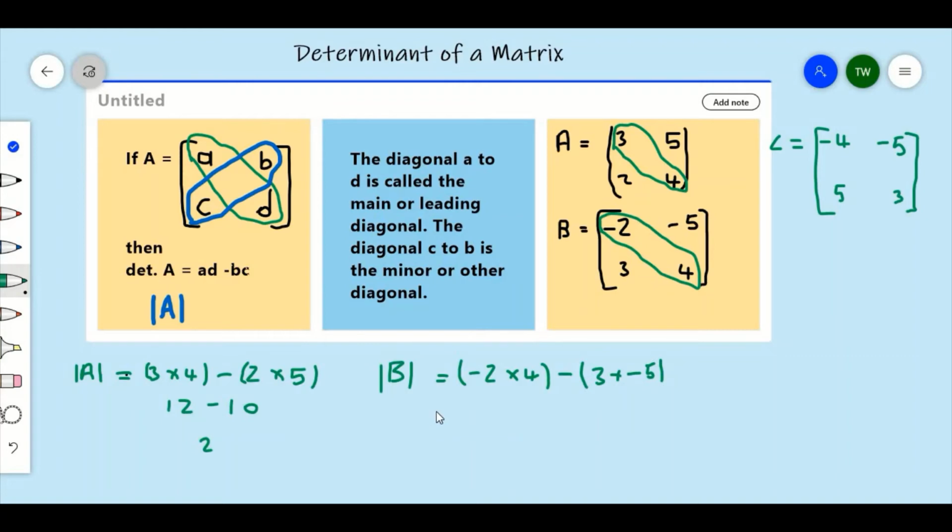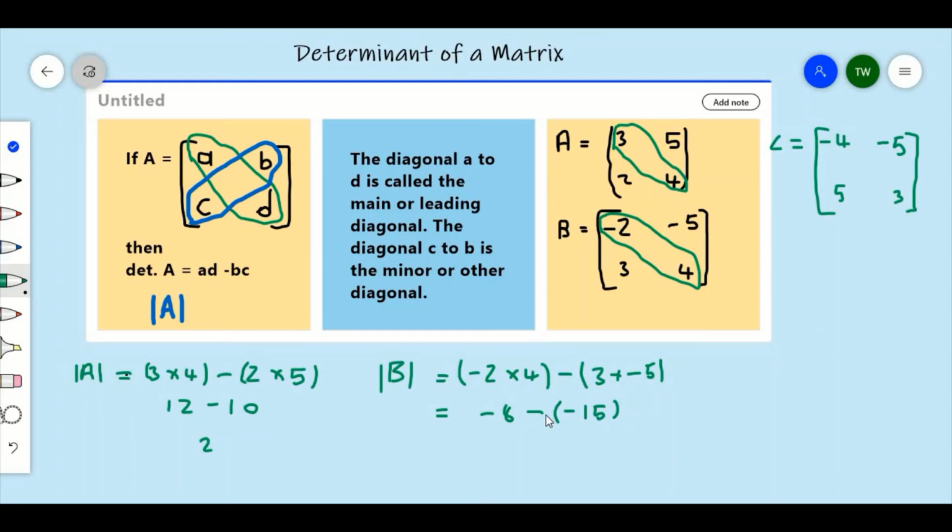Then we just simplify this. So -2 times 4, that's going to give us -8, minus 3 times -5, that's going to give us -15. And we can put this -15 in a bracket to show that here we have a minus sign multiplying another minus sign. So that's going to give us a plus sign.